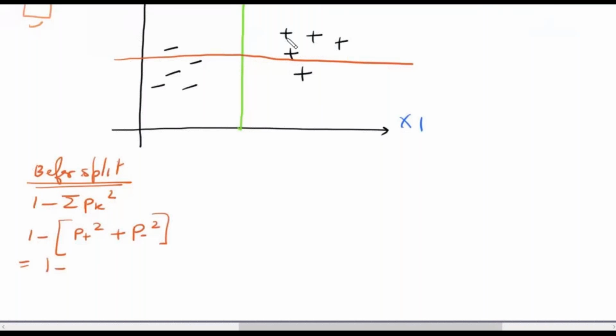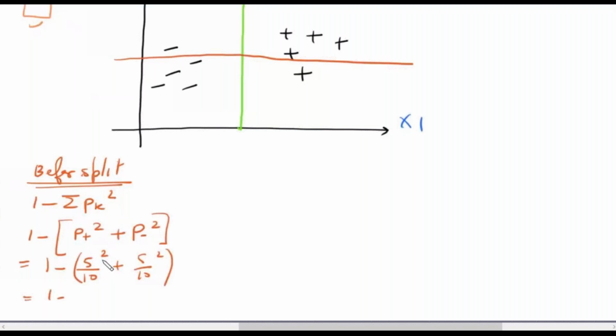What is the proportion of plus? I have 1, 2, 3, 4, 5 points in plus, and in total I have 5 points in minus also. So the total becomes 10. This is the proportion, remember. So it is 5 by 10 whole square. And once again, I have 5 by 10 whole square because I have 5 plus points and 5 minus points.